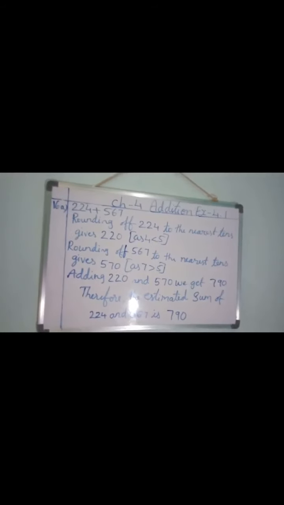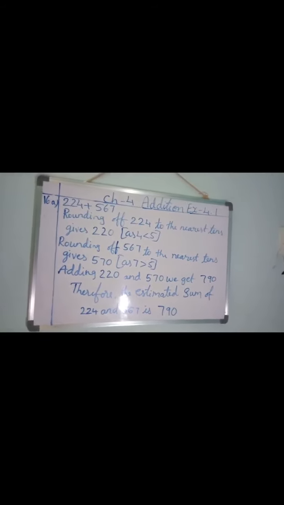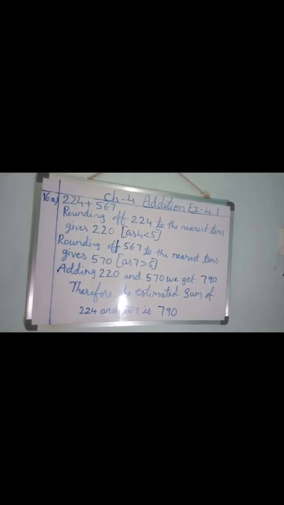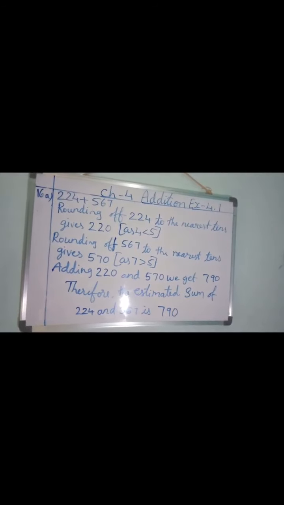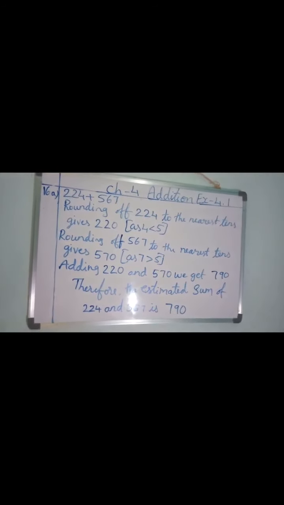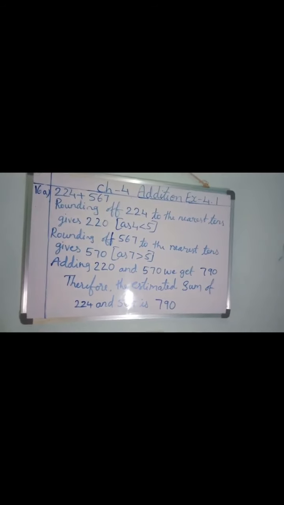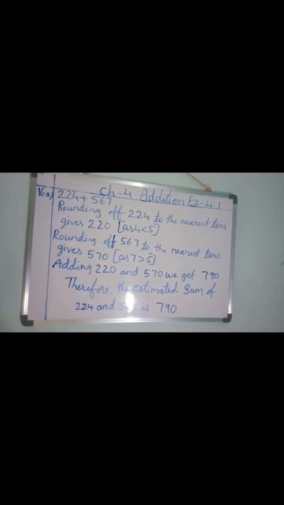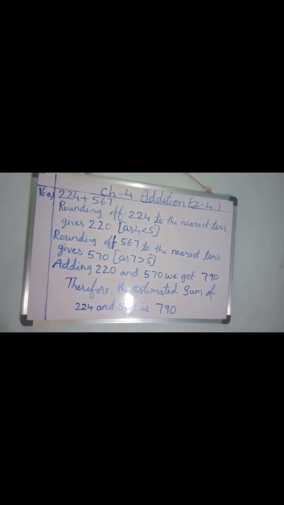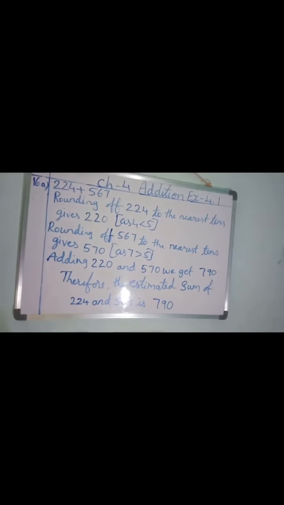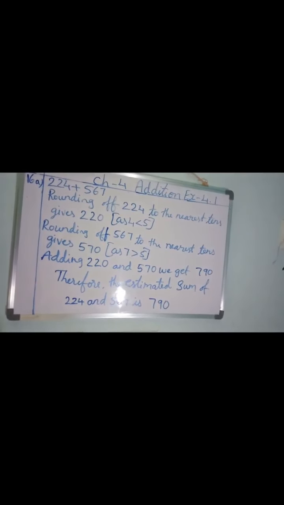See, children, 16th one, A1, 224 plus 567. Rounding of 224 to the nearest tens gives 220, because 4 is less than 5. Yes. Rounding of 567 to the nearest tens gives 570, as 7 greater than 5.